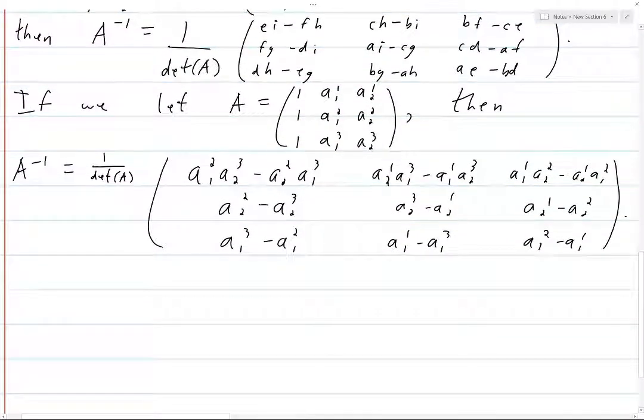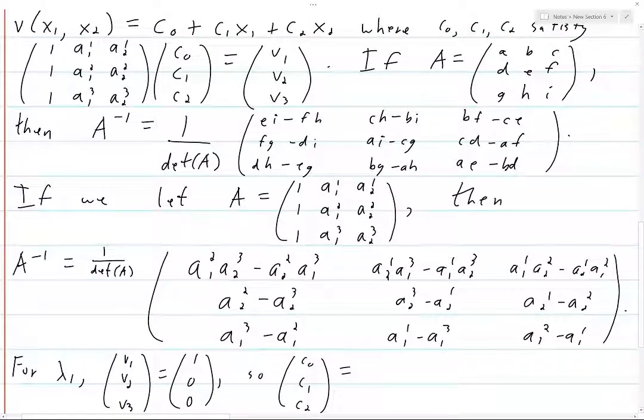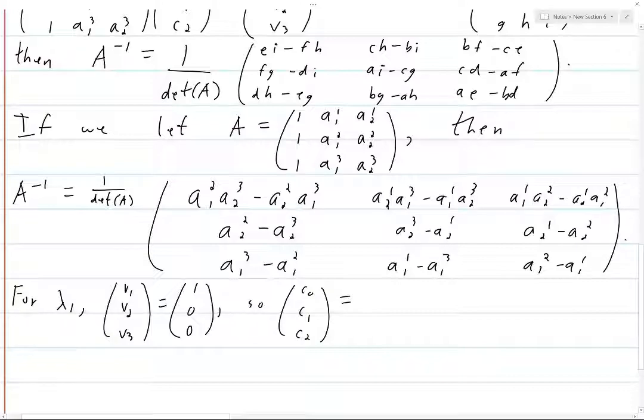So, for lambda 1, we have V1, V2, V3 equal, well, we want lambda 1 to be 1 at the first vertex and 0 at the other. So it's going to be this. So we have C0, C1, C2. This is going to equal, well look, C0, C1, C2, this was here.